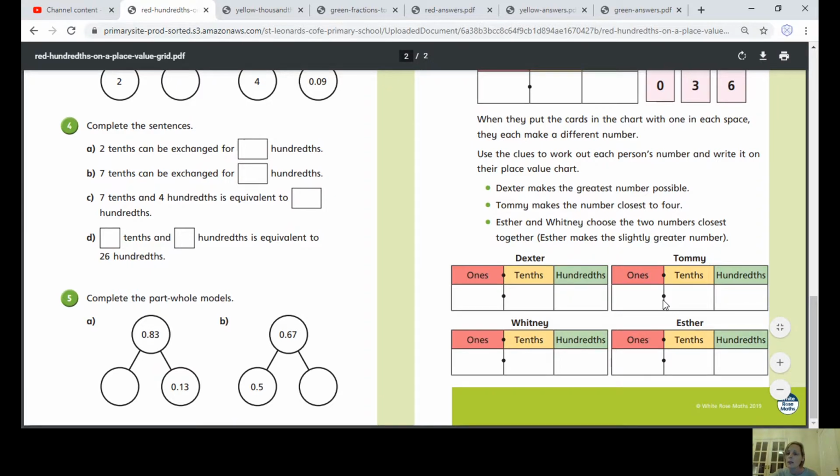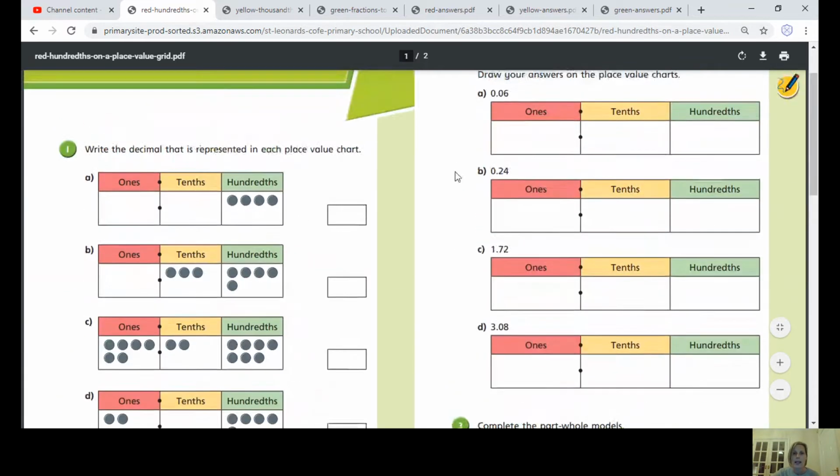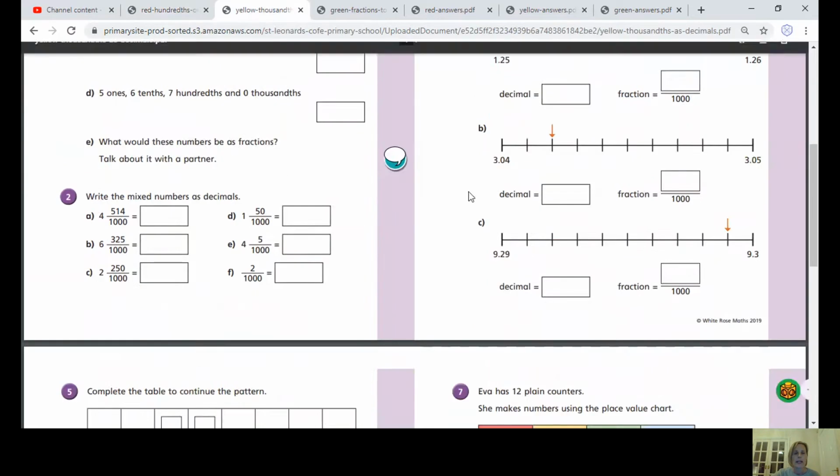Okay, Tommy makes the number closest to 4, and then Whitney and Esther choose 2 numbers that are closest together, but Esther's is slightly bigger than Whitney's number. Okay, so I would write down all the possible combinations that you can think of using those 3 cards. Okay, remembering that they've all got ones, tenths and hundredths, and then work out which one fits each of the people there. Okay, so that's the red group.